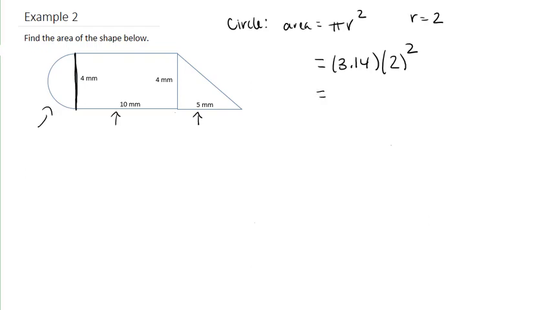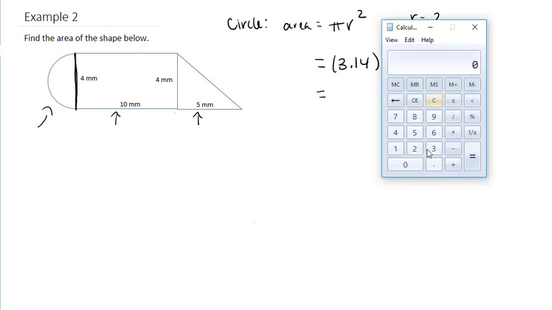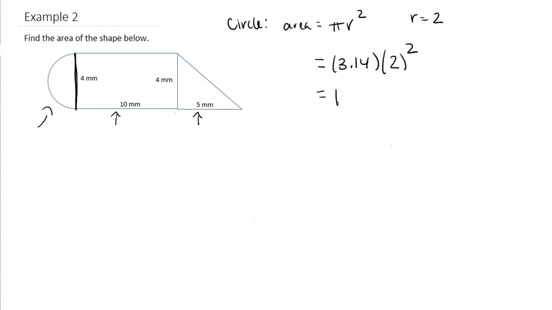So let's get our calculators out. And we go 3.14 times 2 times 2, which is 12.56. But we need a half circle. So what we need to do is take the area of the circle and divide it by 2.